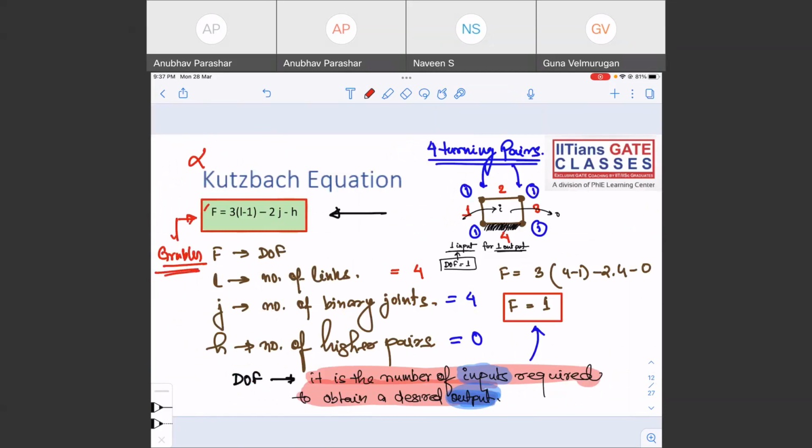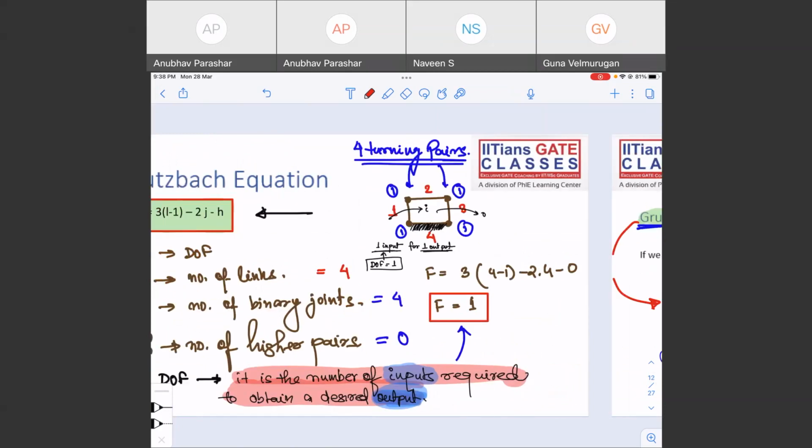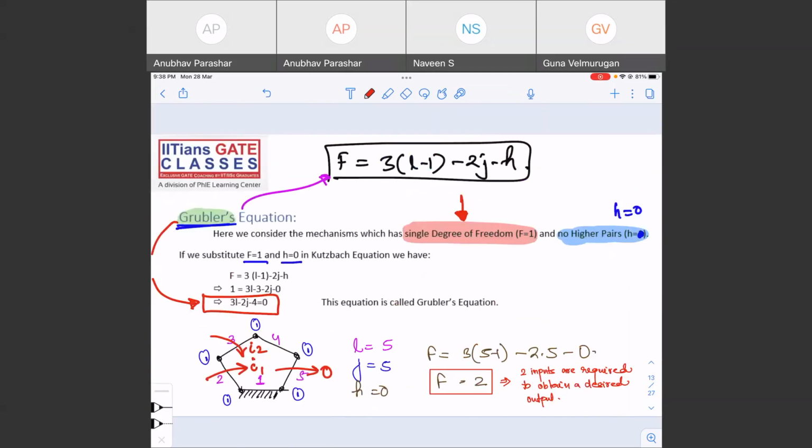The name of Kutzbach is slowly getting invalid, because Grubler became so famous with his equation that the earlier equation is also somewhere named as Grubler's equation.